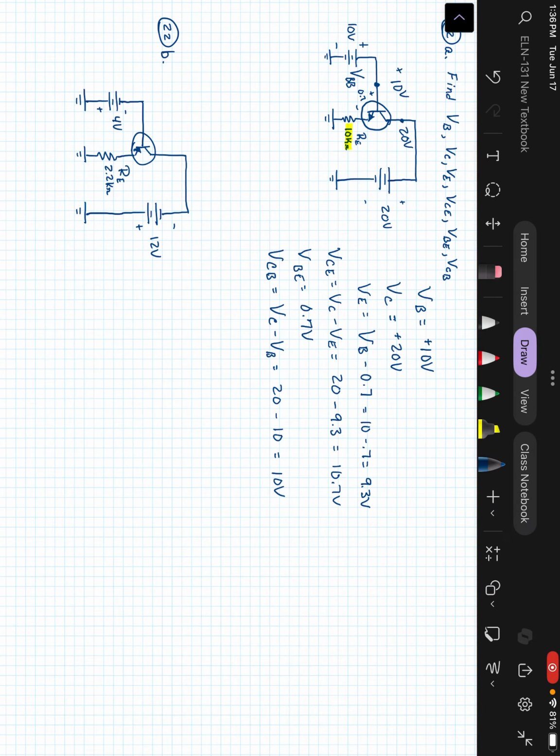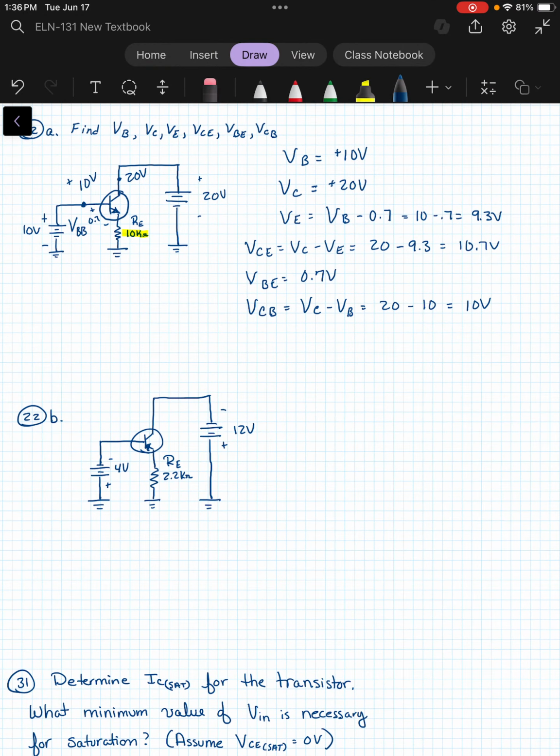Similar for 22B, we have a negative 4 at B. We have a negative 12 at C. And remember, this is a PNP, so we would see the drop in the opposite direction of that 0.7 volts.